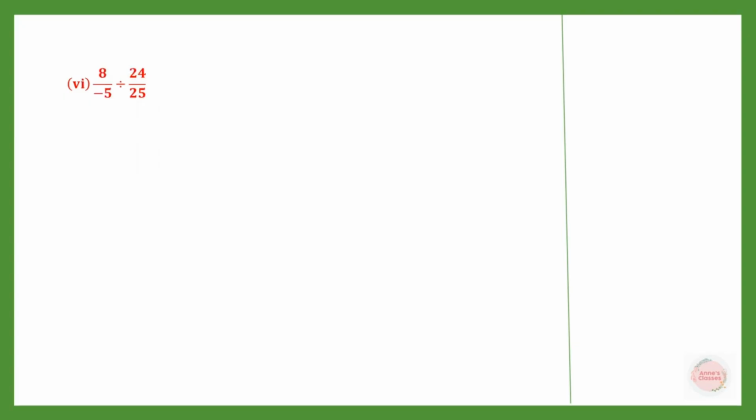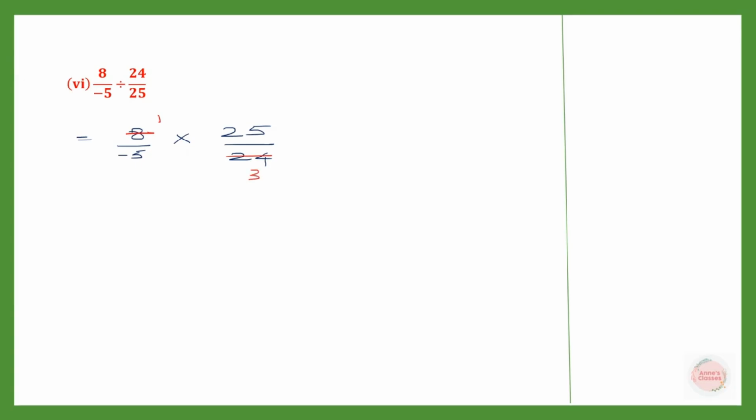Question 6. 8 by minus 5 divided by 24 by 25. So first rational number write as it is. Division changes to multiplication and write the reciprocal 25 by 24. Now here we can cancel 8 and 24. 8 ones are 8, 8 3s are 24.